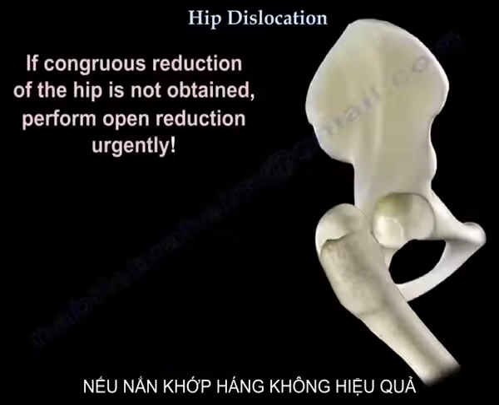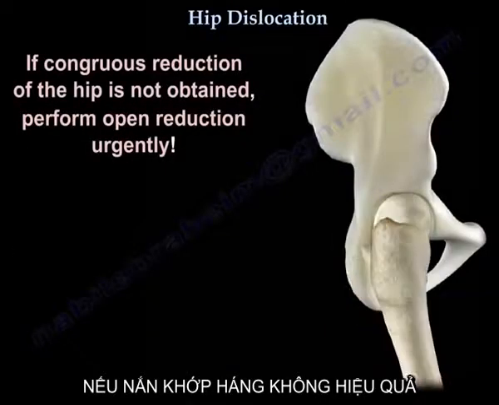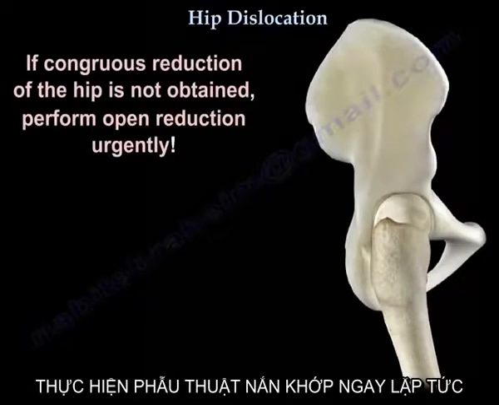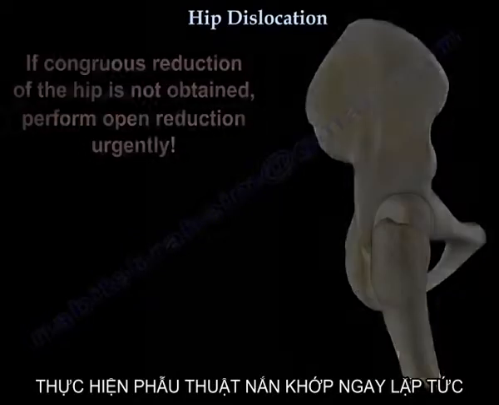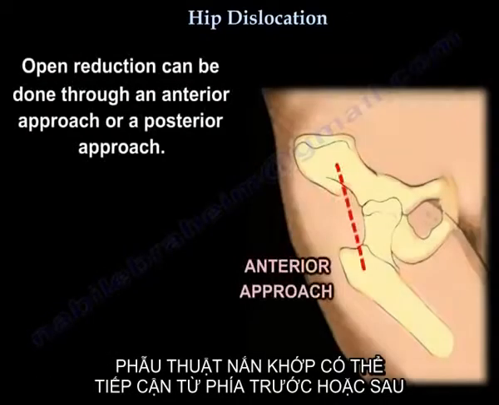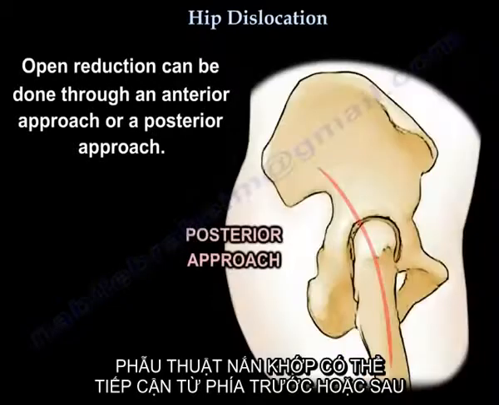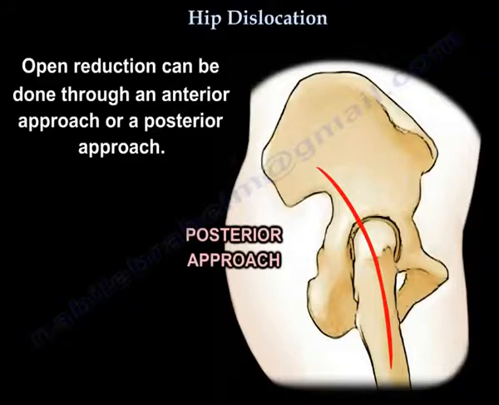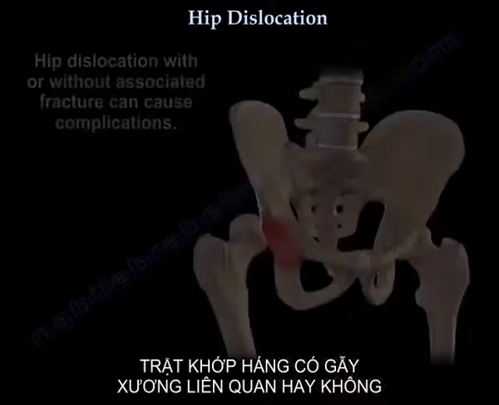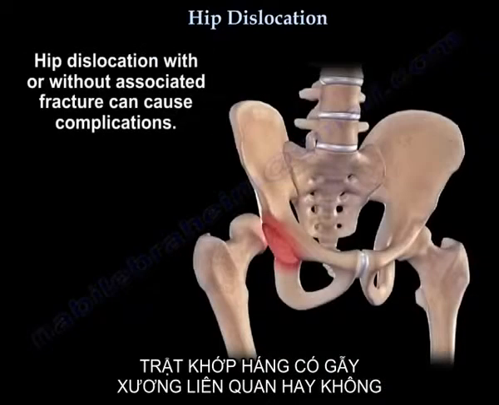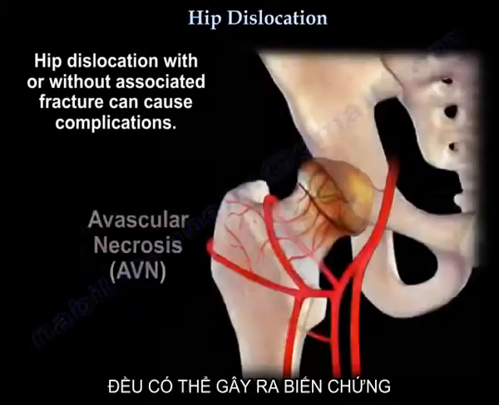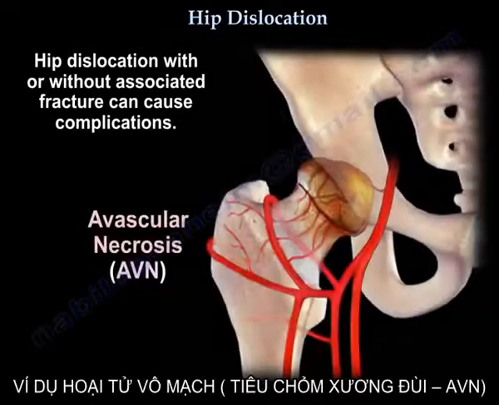If congruous reduction of the hip is not obtained, perform open reduction urgently. Open reduction can be done through an anterior or posterior approach. Hip dislocation with or without associated fracture can cause complications, such as avascular necrosis.